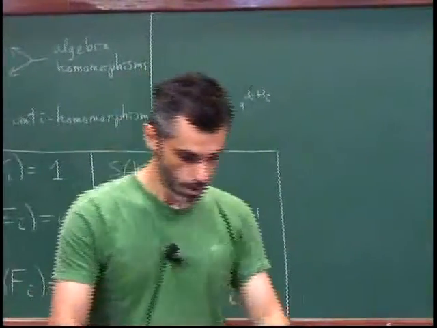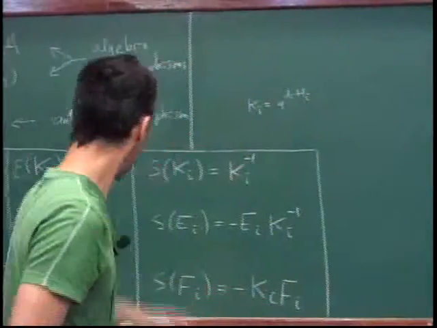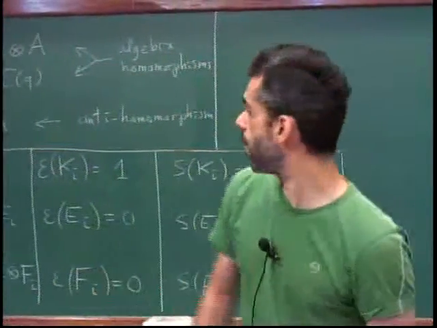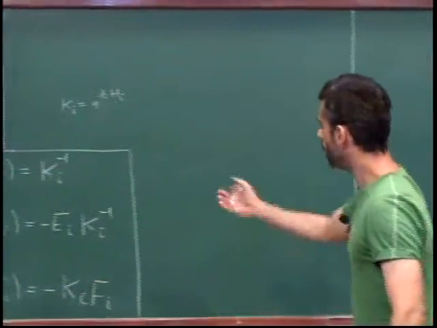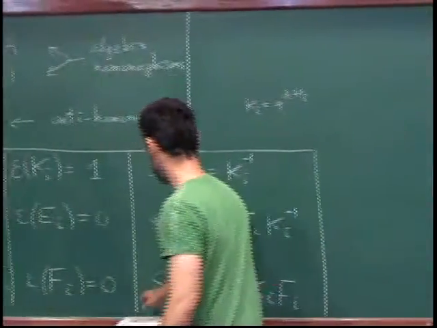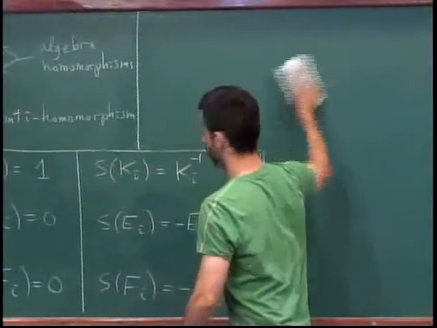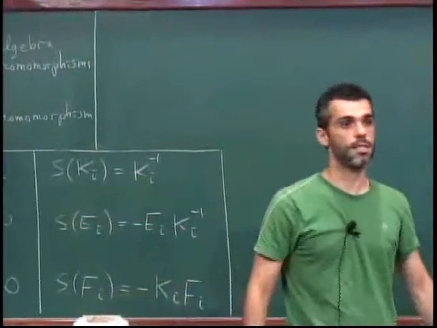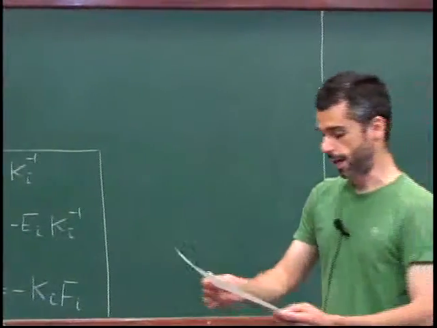Okay. So now there's a lot to check. I mean, I'm claiming this defines a Hopf algebra, but it's not at all obvious that it does. I wrote down a bunch of formulas. It doesn't mean that they make sense. So let's make a list of things that need to be checked.